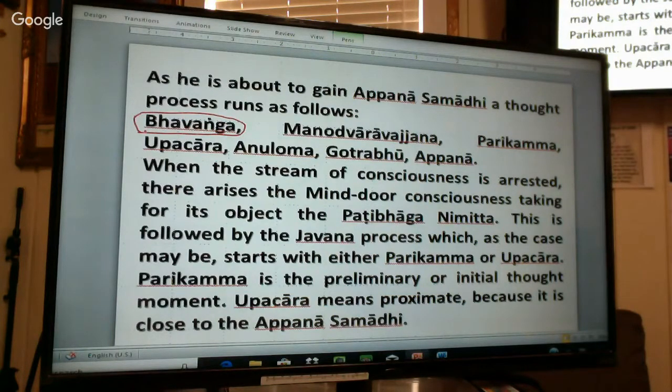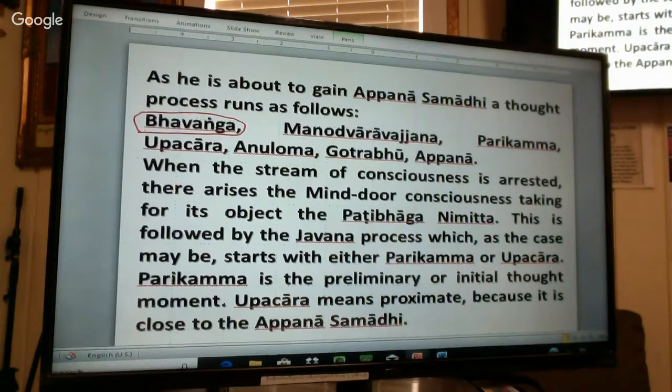So it is always running, that kind of mind. When we have no outside stimulation, our mind is just running like this, bhavanga. But when there is outside stimulation, at the individual door, at that time the mind changes, the process changes.